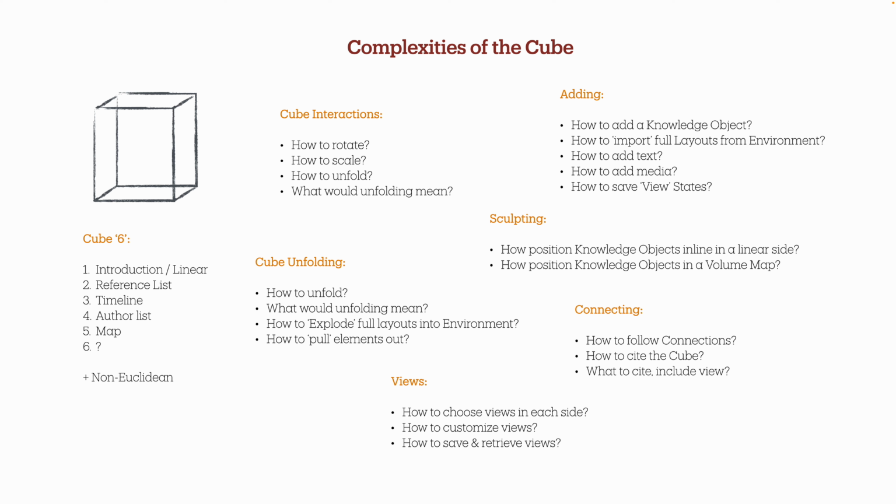The idea with that notion is that, let's say you have a map on one of the sides. It's tiny. Should you make the cube go large to see it, or should you be able to somehow pull it out, explode it into the environment? As you see here, my terminology is confusing because I don't know the answers to this either. But the point is, this cube shouldn't just be a small cube when someone is reading it later.